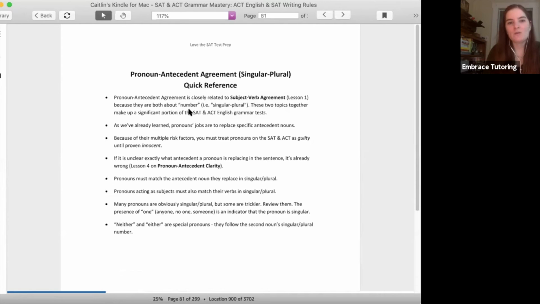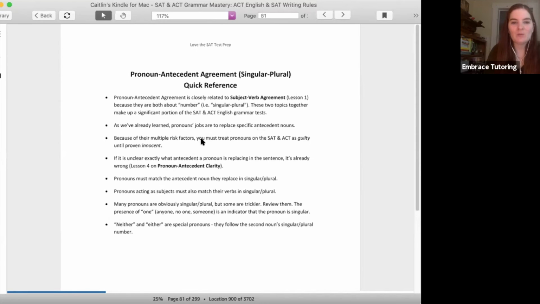So you always want to make sure that the pronoun and the antecedent it's replacing match in terms of their number, whether something is singular or plural. And there's a huge number of questions on the test related to this particular concept. Anything with pronoun antecedents are typically big, common, and frequent questions on the test.